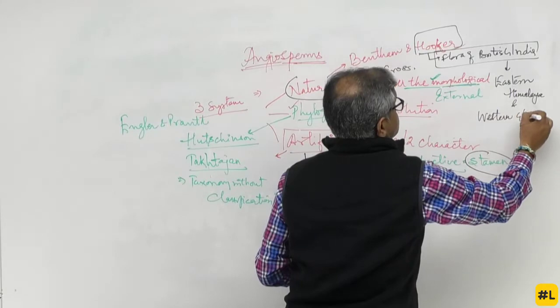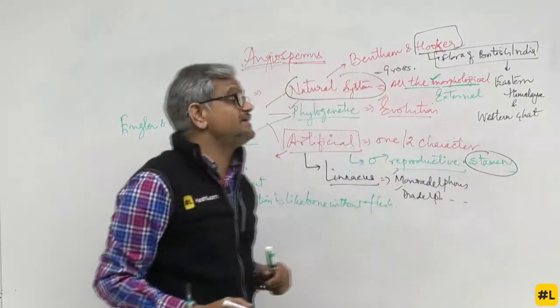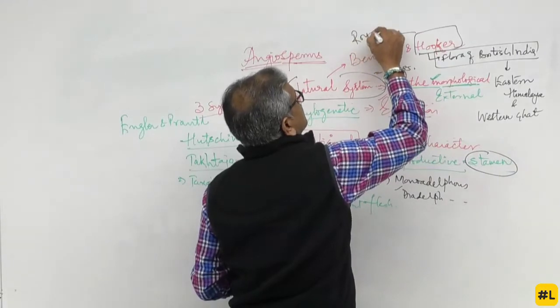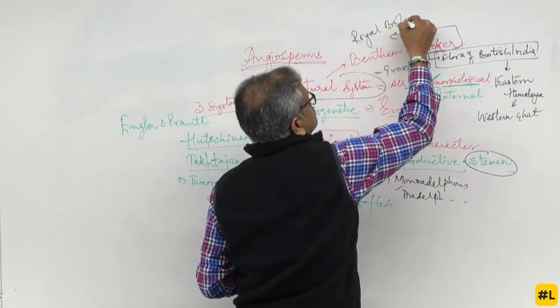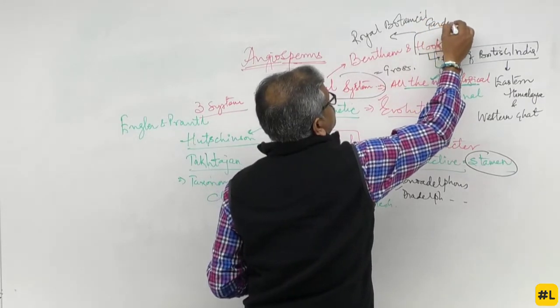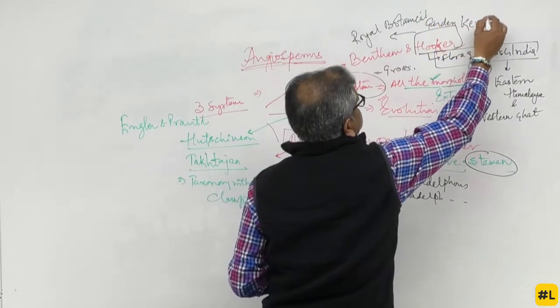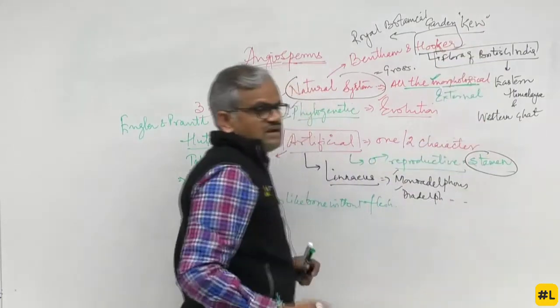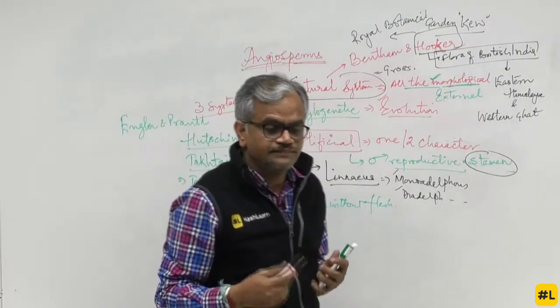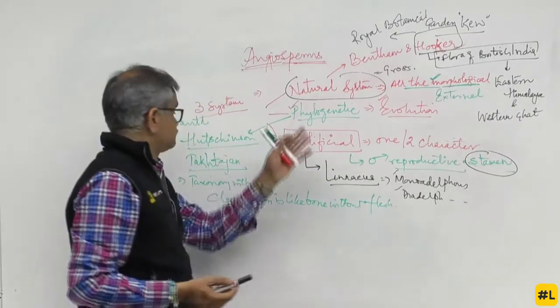That's what he told at that time. And he is the founder director of Royal Botanical Garden Kew, London, which is the largest botanical garden, which has the maximum number of herbarium to itself, right?